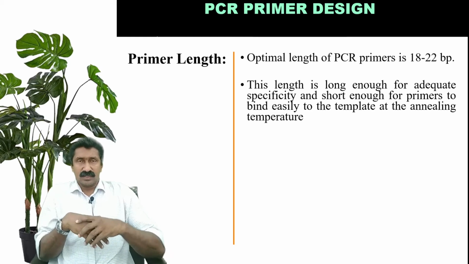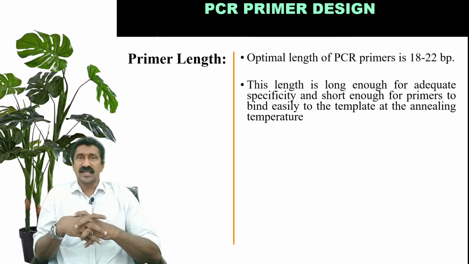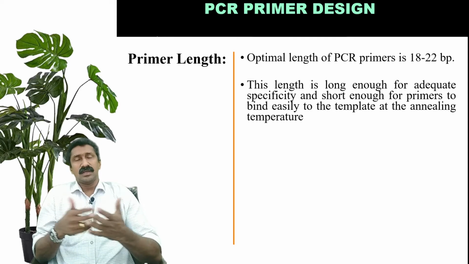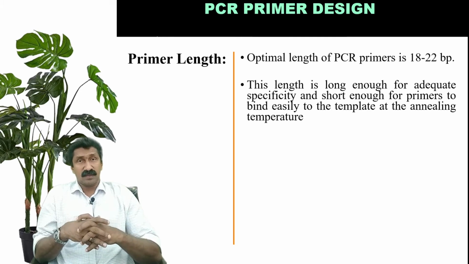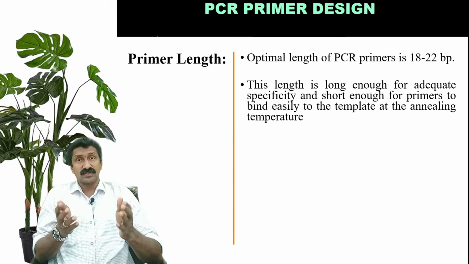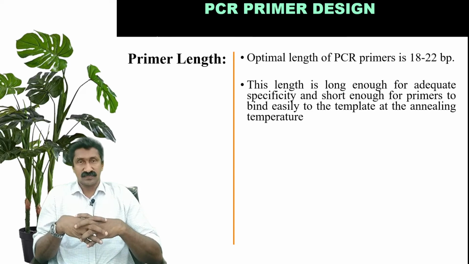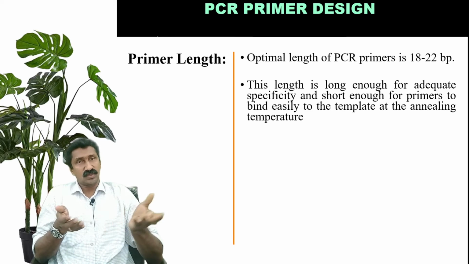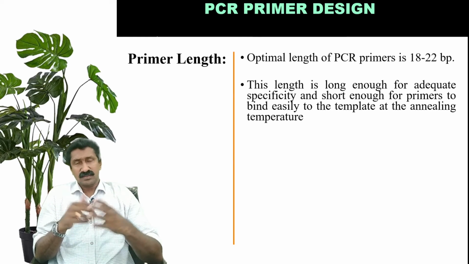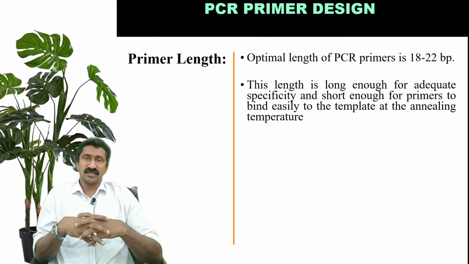But we also discussed some of the statistical concerns with the example of the coin toss, which means that a primer length of 18 to 22 is sufficient for ensuring the specificity in a DNA template. So, you may not need to use such lengthy primers like 30 or 35. An 18 to 22 base pair length is sufficient for ensuring the specificity.